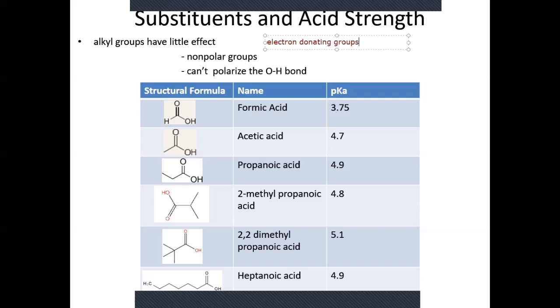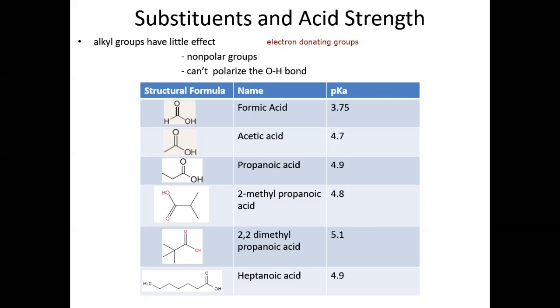So instead of withdrawing electron density from the reaction center, they're actually pumping electron density into the reaction center. So it doesn't have any major effect on the acidity, but in some cases, if you have enough electron donating power, you could see the acidity slightly decrease. Because again, alkyl groups are commonly referred to as electron donating. They're pumping electron density into that reaction center.